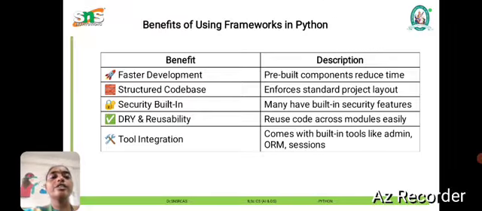Now the benefits of a framework. Six types of benefits are available: faster development, structured code base, built-in security, DRY and reusability, and tool integration. The first one is faster development: all modules, tools and libraries are inbuilt, so they are executed automatically and quickly.